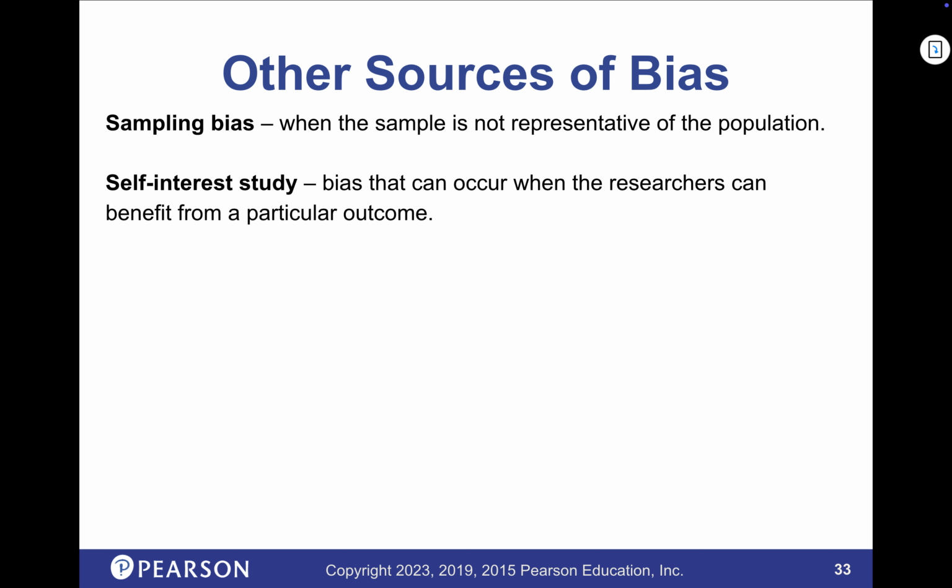Self-interest study. This, believe it or not, happens a lot at universities, because a lot of professors get a grant to do a study, and that grant is continued upon making progress on their idea, right? So you want your data to look good, maybe you're going to fudge it a little bit. It's happened.